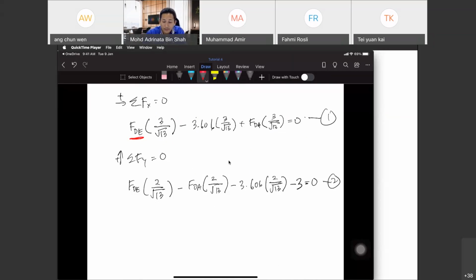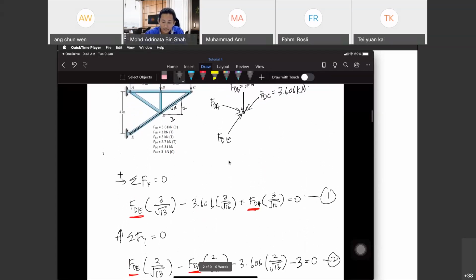This is FDE, FDA, FDE, FDA. So we can solve our equation where we can find that FDA is equals to 2.70 kilonewton, and we solve our FDE is equals to 6.31 kilonewton. Okay.